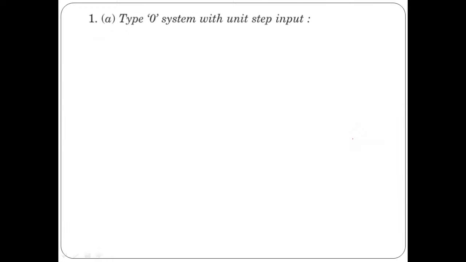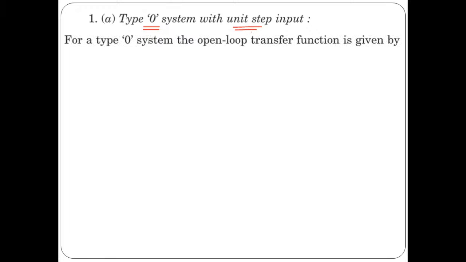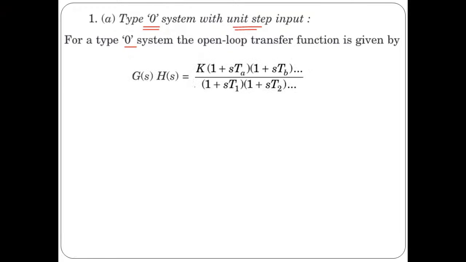So let us try to examine them one by one. For example, if you take type 0 with unit step input, how is this going to be? For type 0, the open loop transfer function is like this, because here s to the power n, n is nothing but 0, s to the power 0 is going to be 1. That's why this term is going to be 1.